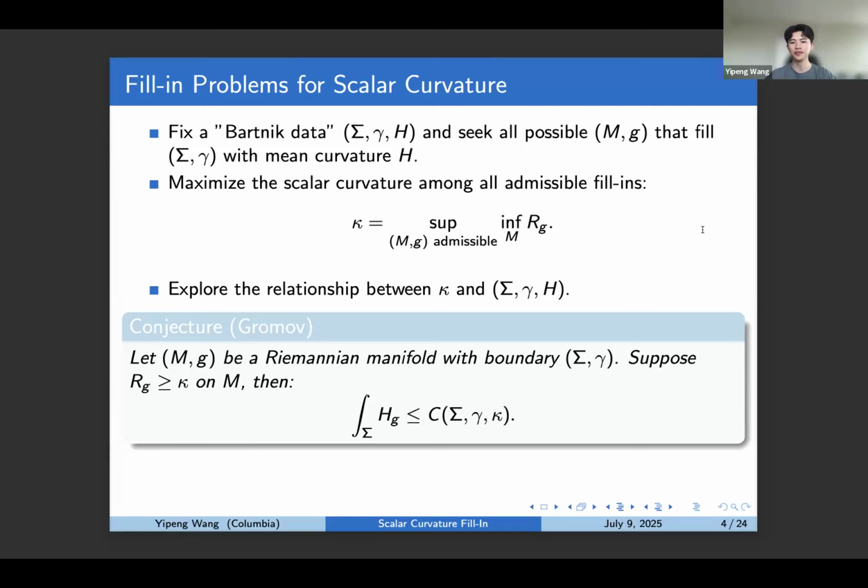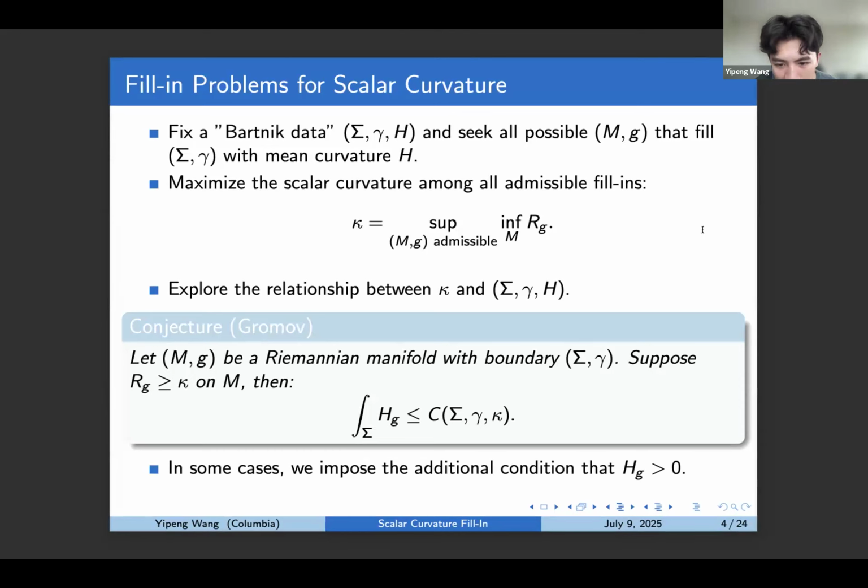Okay, so this is a very general conjecture. What I will talk about today, I'm going to impose this little extra condition, namely that the mean curvature is positive. I will explain later why we need this extra piece of information.